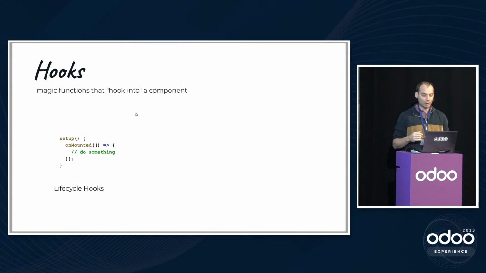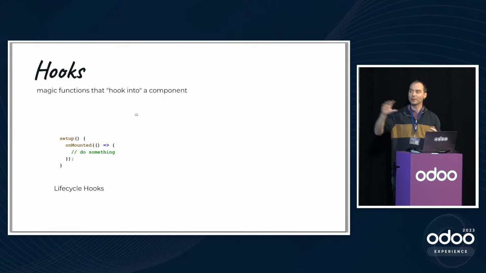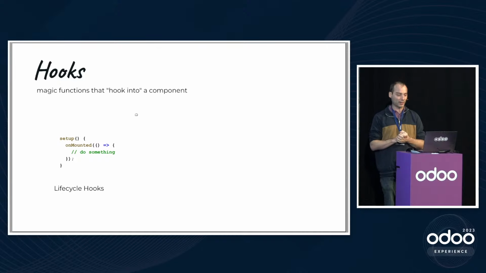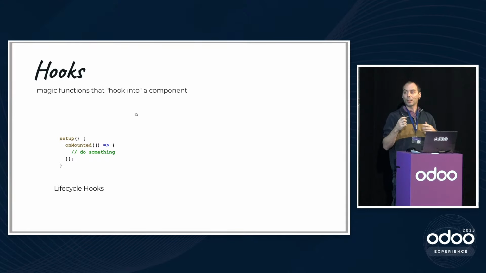So in OWL, we have some magic functions that hook into the life cycle of a component. So if you know about React or Vue, maybe you will understand that quickly. So basically you have two kinds of hooks. You have lifecycle hooks, such as this one, onMounted. onMounted takes a callback function, and that callback will be called when your component is mounted, precisely when it is in the DOM.